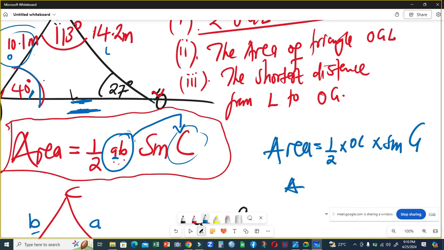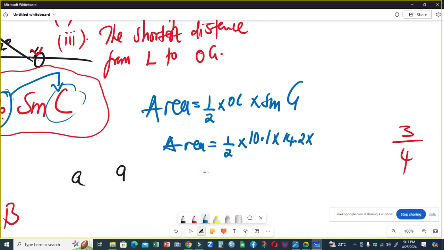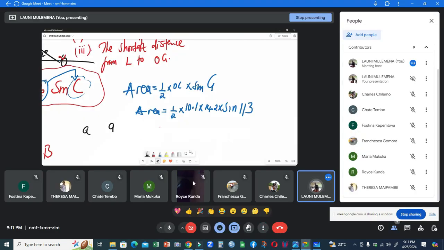So area is equal to half times O is 10.1, times L is 14.2, times sine G. What's the value of G? We have calculated it's 113. So we have made some substitution. Let me find out if there's any question for me with the substitution.